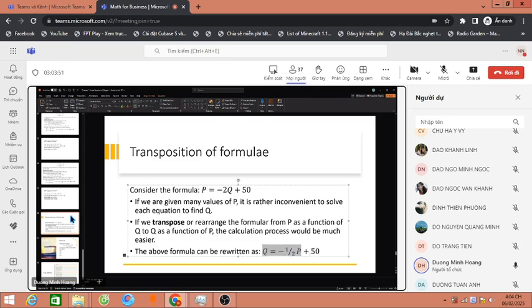This process is called transposition. I believe that you are all familiar with this process, just learning new vocabulary over here. So this process of changing P with respect to Q to Q with respect to P is called transposition of one way. And that concludes our lesson today.